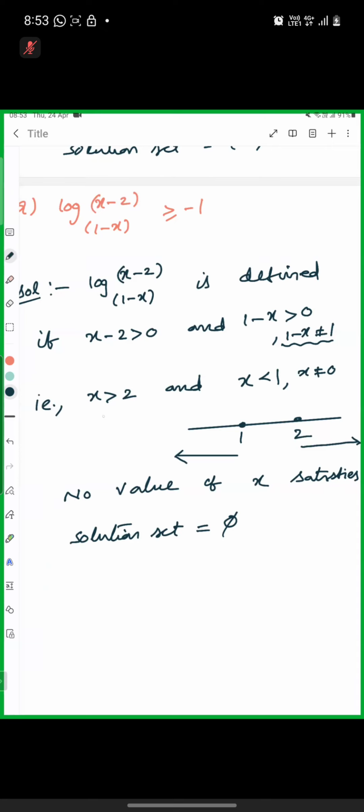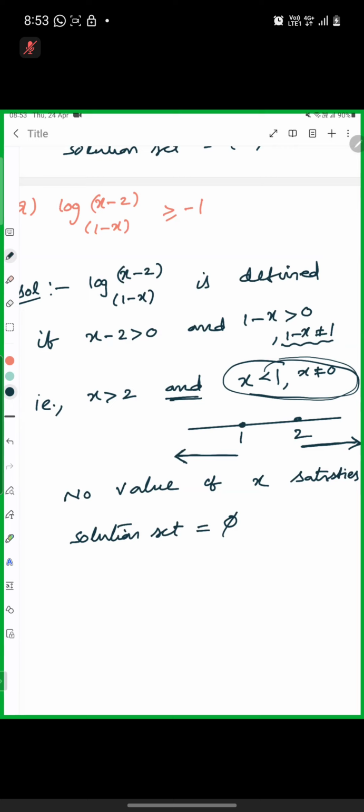Till this part, okay? I want x values that satisfy this one and this one. The x values satisfying this are greater than 2, that means 2 to infinity. And the x values satisfying this are these. I want the common values of these two.